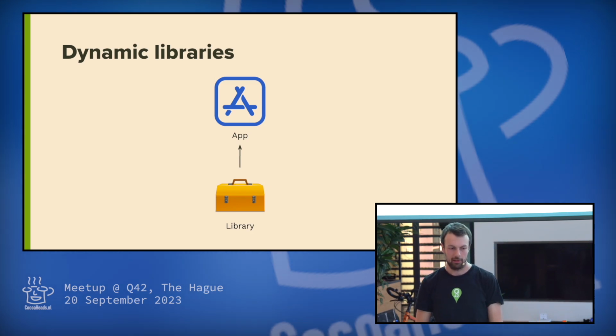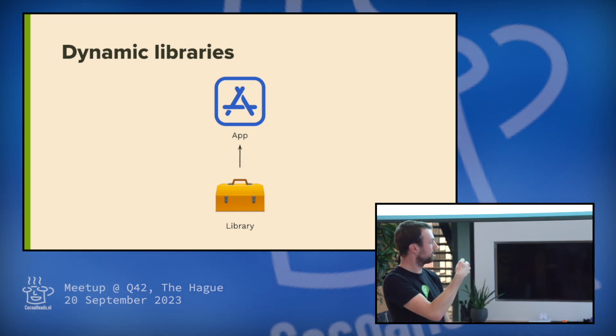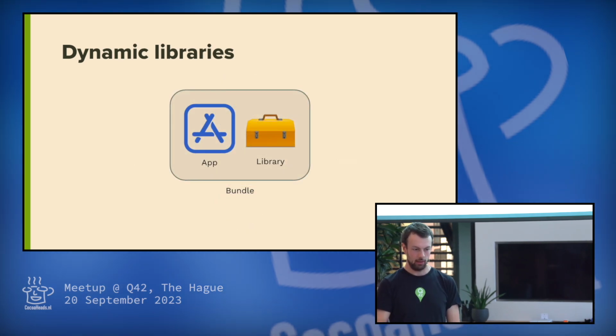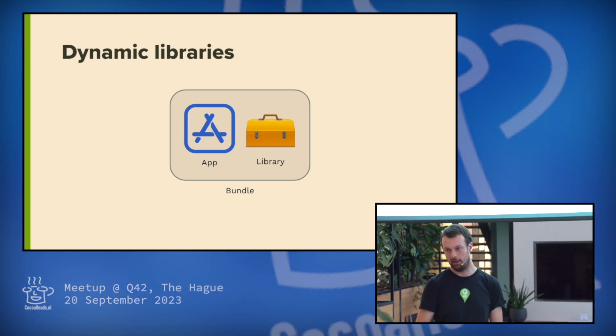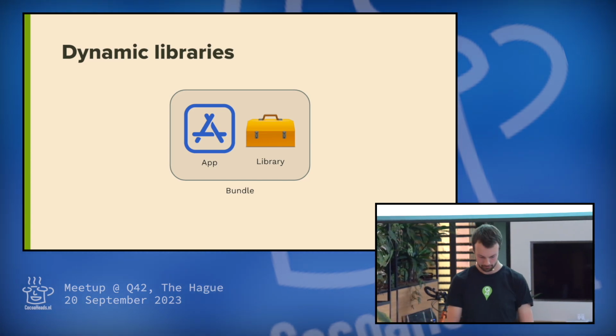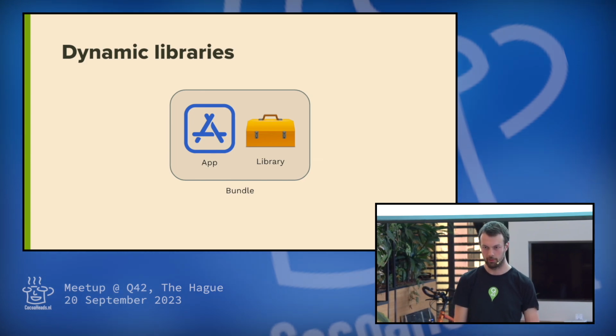So for the dynamic library scenario, if you make an app with it, this is what it looks like. Your app depends on the library. Apple always uses the yellow toolbox for a dynamic library. And it gets shipped into your app bundle, your IPA file or your .app on macOS, shipped along to the consumer of your software.